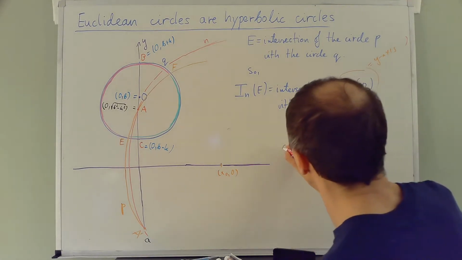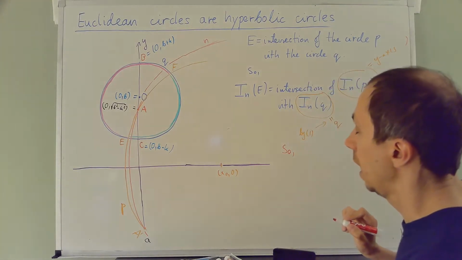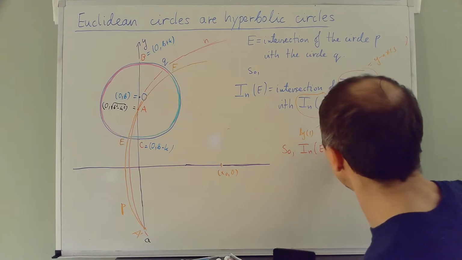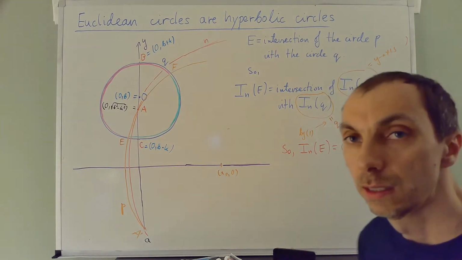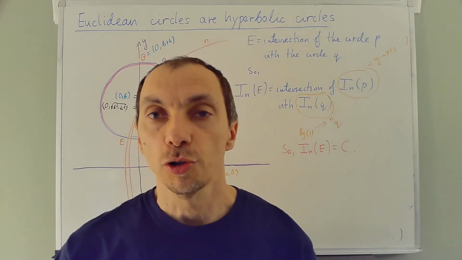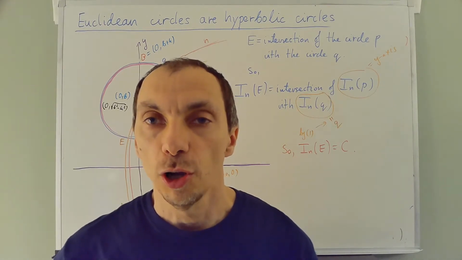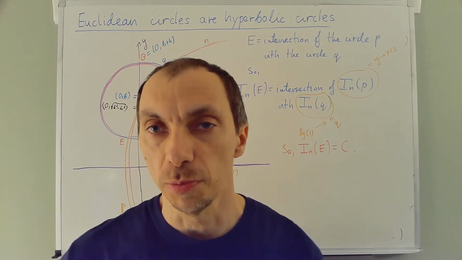So In of E is C. But N is a circle centered at the x-axis. So the inversion with respect to N is a rigid motion.